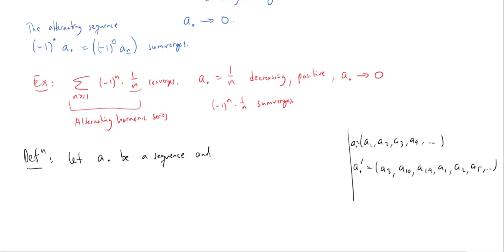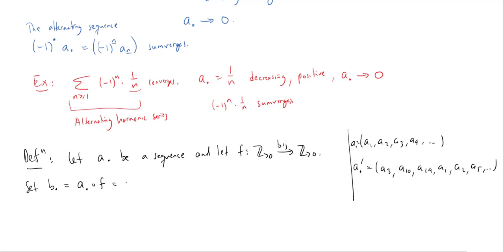So a is going to be some sequence, and we're going to let f be a bijection from the positive integers to itself. Now I'm going to define a new sequence b, which is simply the sequence I get when I compose a with f. First I permute the numbers, and then I take the sequence a.